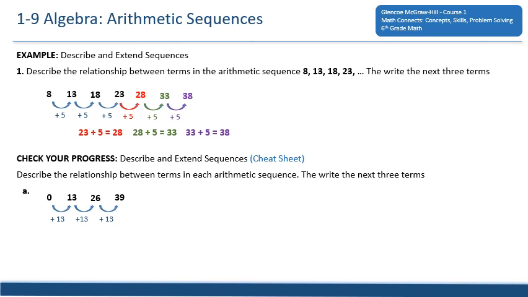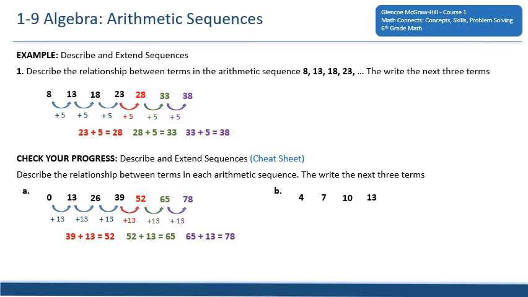Plus 13 is 39. And now we need to add 13 to 39. We get 52. Add 13 to 52. We get 65. And add 13 to 65. We get 78.